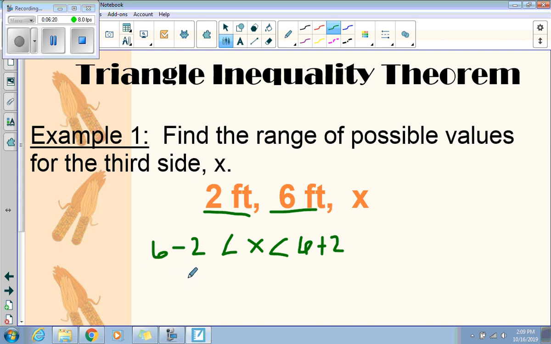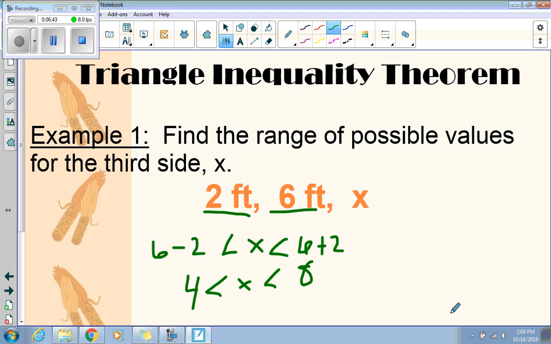So 6 minus 2 gives us 4. And 6 plus 2 gives us 8. So any of the possible values for this triangle would be between the numbers 4 and 8. It is not including the numbers 4 and 8. It is between the numbers 4 and 8.